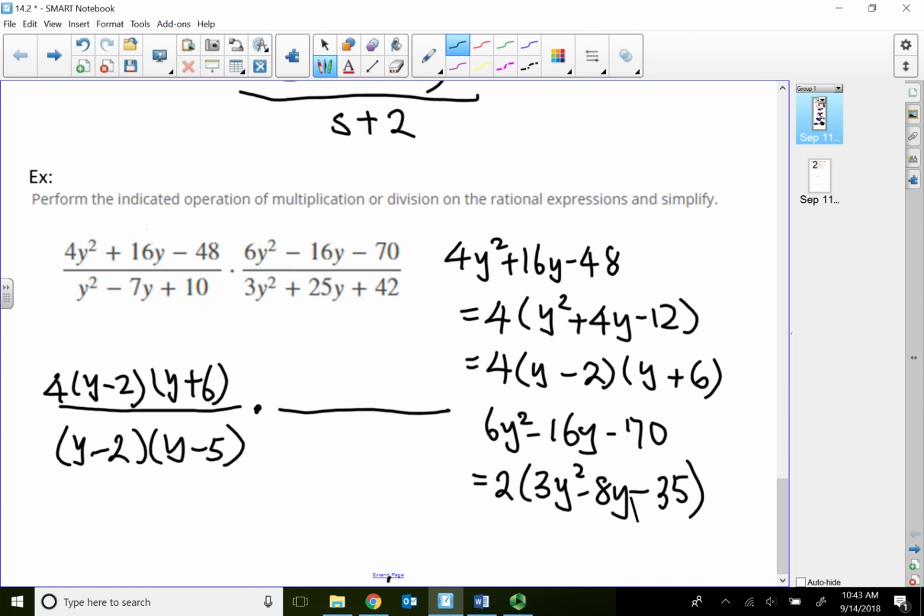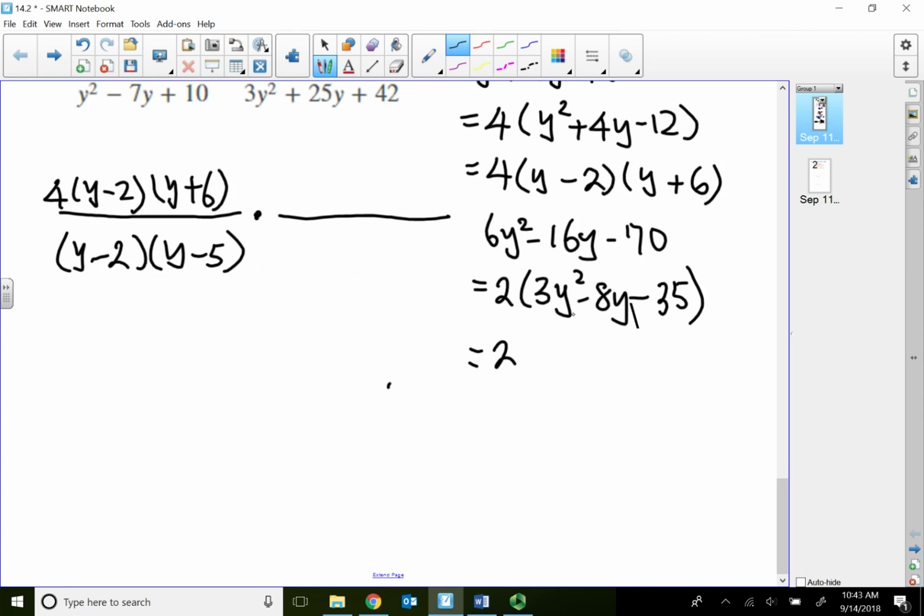All right, so let's see. Factor the trinomial. If I use 3y and y, for 35 I can use 5 and 7. So I'm going to put 5 right here, 7 right here, because I already see I need a 15 and the 7 in the inner. Subtract to get my 8.